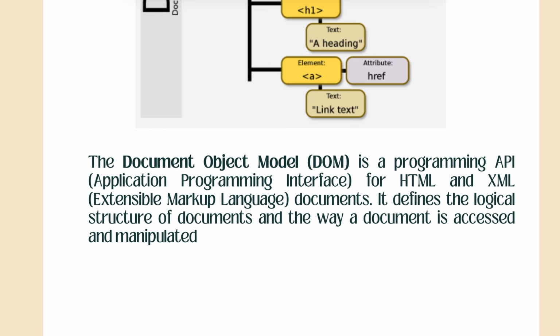The definition says the document object model, DOM, is a programming API, that is application programming interface, for HTML and XML, extensible markup language documents. It defines the logical structure of documents and the way a document is accessed and manipulated.